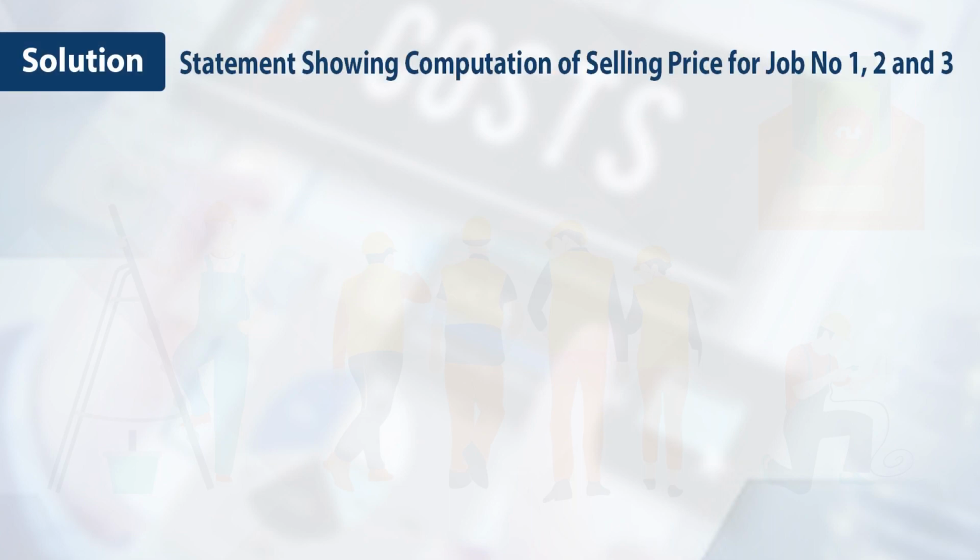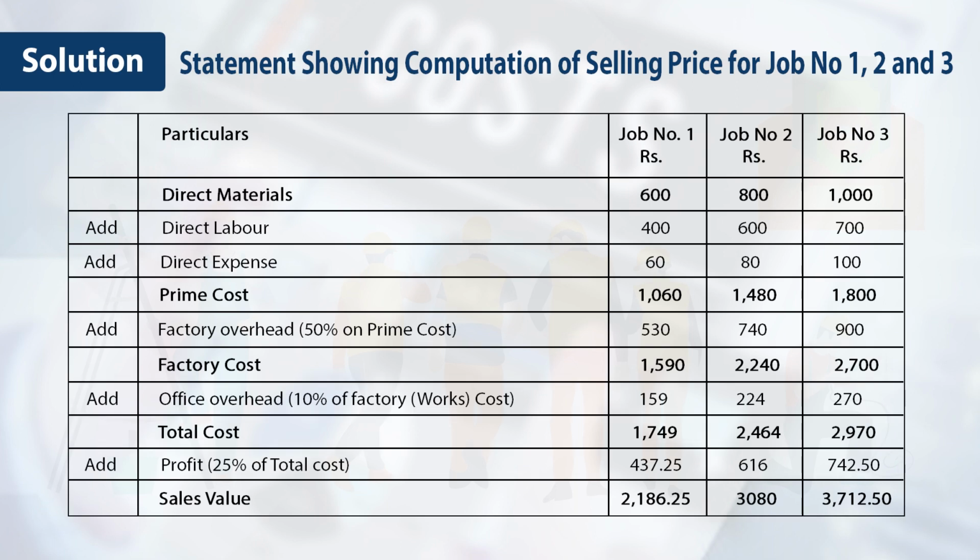Let's prepare the solution. Statement showing computation of selling price for job number 1, 2 and 3. We will prepare a statement in 4 columns: particulars, job number 1, job number 2 and job number 3. First we will write down the cost of direct materials. For job number 1 it is 600, for job number 2 it is 800 and for job number 3 it is 1000.